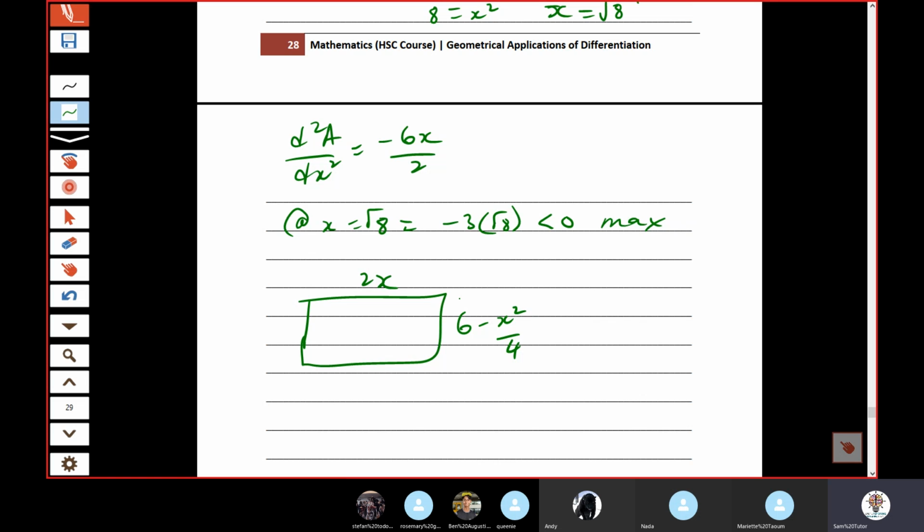So your dimensions are 2 root 8, and 6 take away 8 on 4, which is 4. So that's the answer we're looking for. Dimensions.